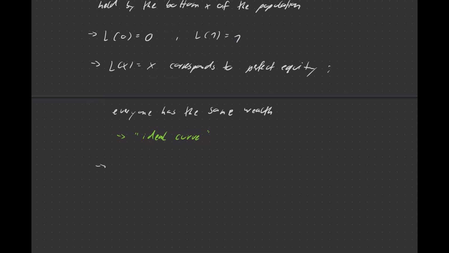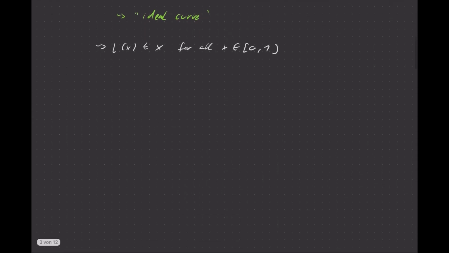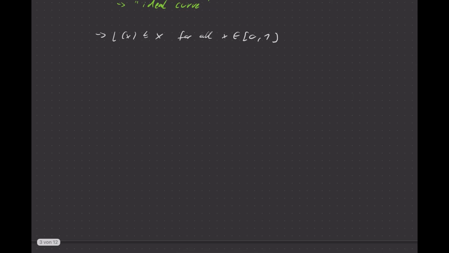And that means usually in real societies, L of x will be somewhere below that curve x. And the question is, how far below is L of x? That question is used to define the Gini index, and that is just one number that measures how far below the ideal curve the real Lorenz curve is.